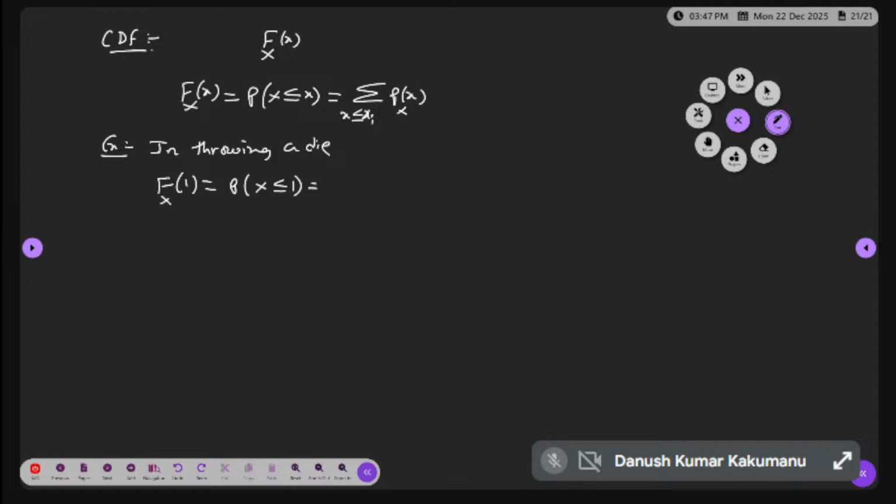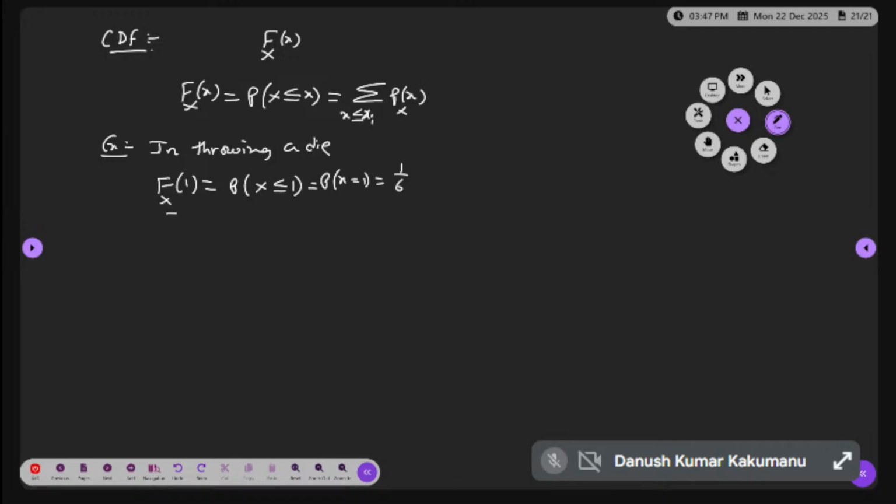Is there any event less than 1 in a die? What is the beginning event of the die? 1. Is there any event less than 1? No. So it is nothing but P of x equals 1, which is 1 by 6. CDF of 1 and PMF of 1 are both the same.